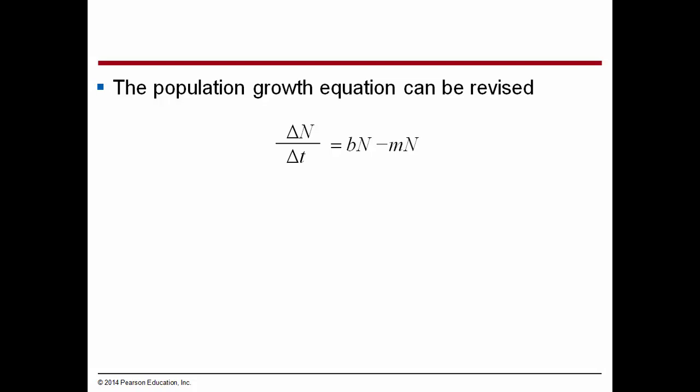The population growth rate equation can be revised as delta N over delta T equals BN minus MN. Now we can revise the population growth equation again using per capita birth and death rates rather than births and deaths.